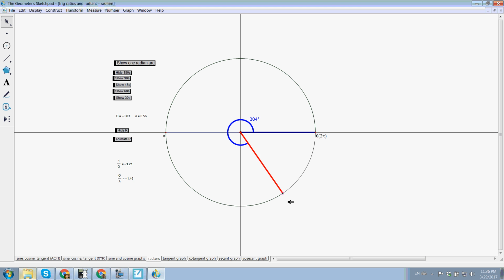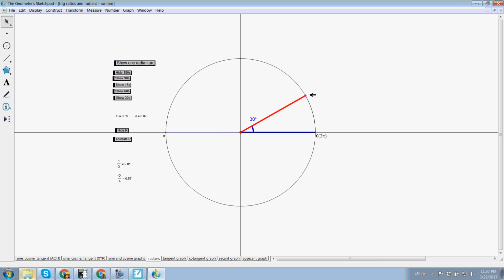And then 300 is 5 pi thirds. So the 60 degrees, pi thirds, 2 pi thirds, pi, 4 pi thirds, 5 pi thirds, 6 pi thirds, if you will.